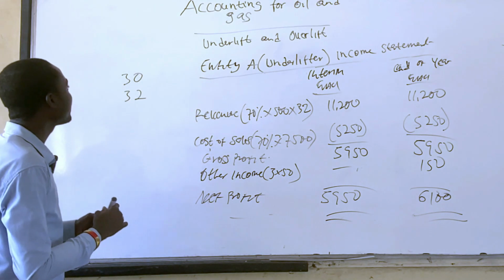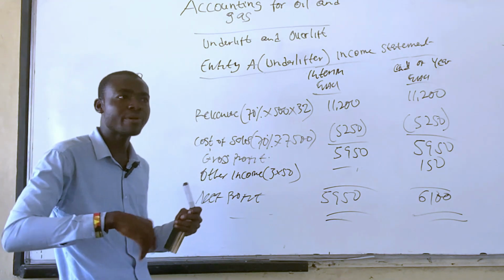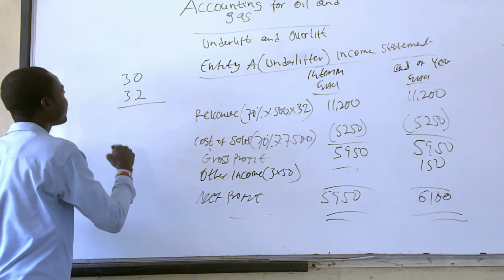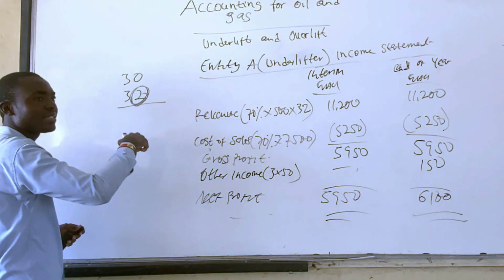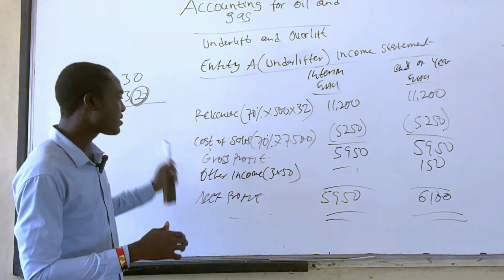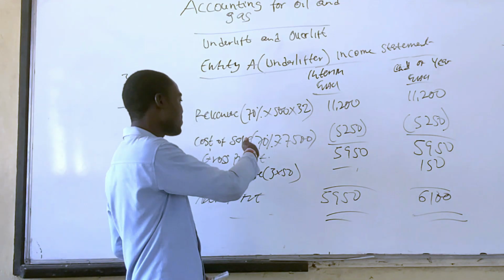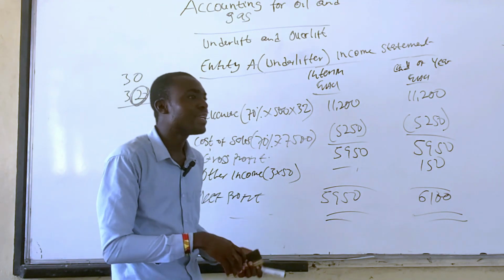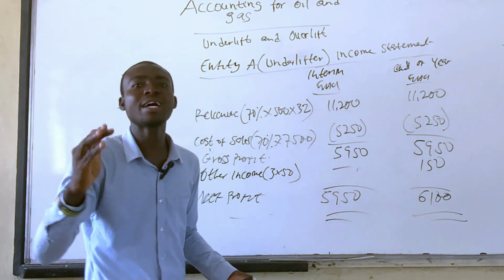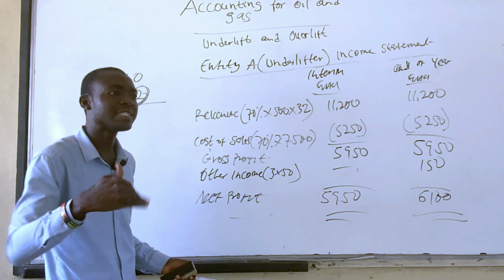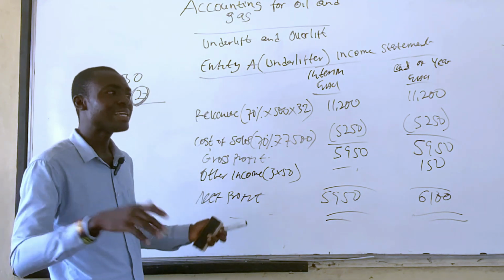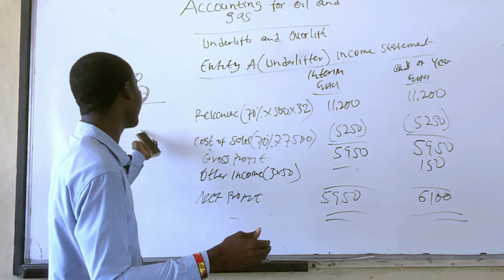Since there has been a reduction in oil price, these 2 Ghana cedis, that's the reduction in the oil price, will become extra expenses to entity A, and it will become extra income, that's other income, to entity B. This is because the amount that entity B is supposed to pay to entity A has been reduced by 2 Ghana cedis.